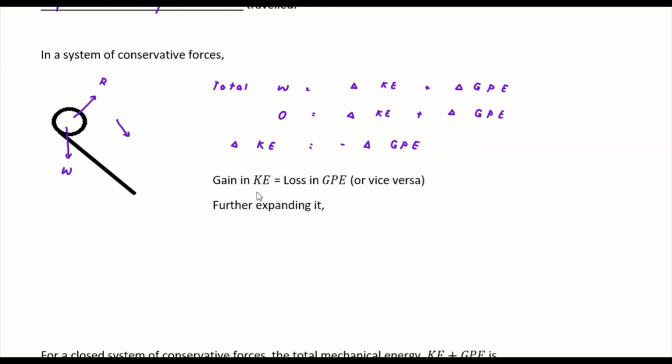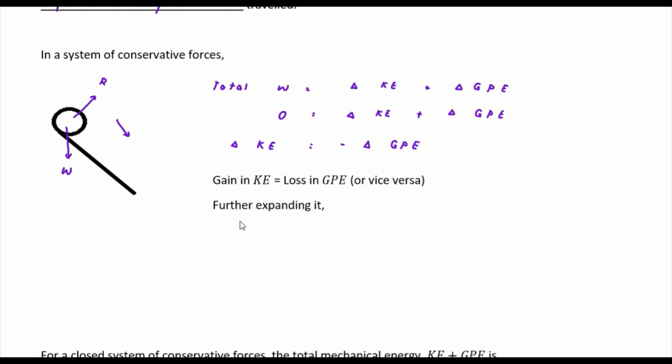So the gain in the kinetic energy will be equal to the negative change, which means it's the loss. So the gain in kinetic energy is equal to the loss in the gravitational potential energy. In other words, you can also say that the gain in the gravitational potential energy will be equal to the loss in the kinetic energy.